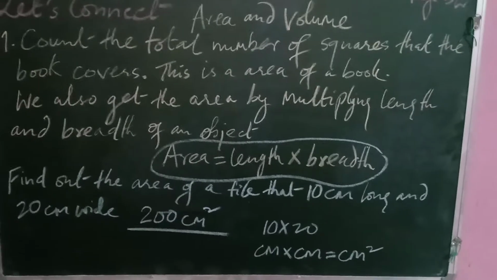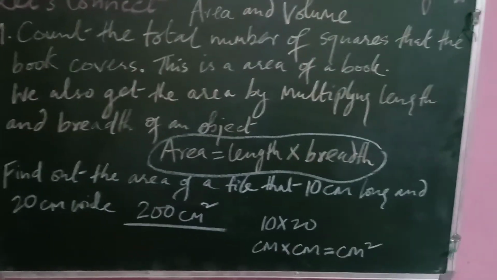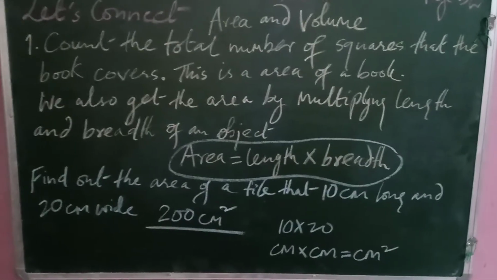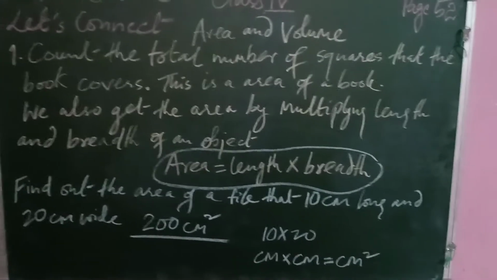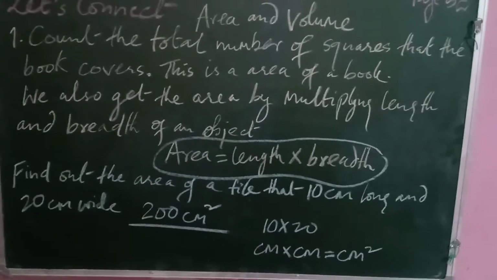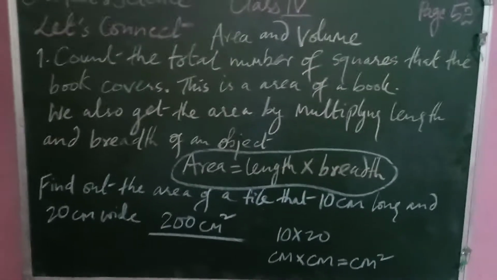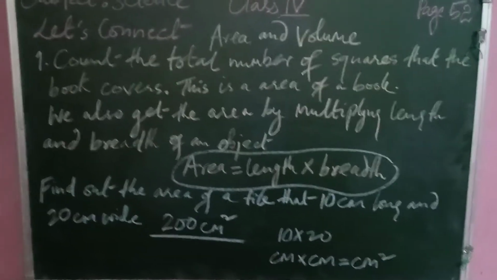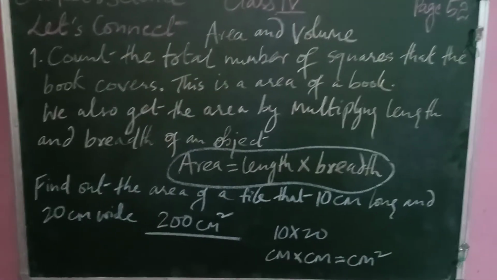We can multiply length with the breadth, which is 10 centimeter into 20, is equal to 200. Both are in centimeter, so we have to multiply centimeter as well. Centimeter into centimeter is equal to centimeter square. So this will be your answer for question number 1, 200 centimeter square.